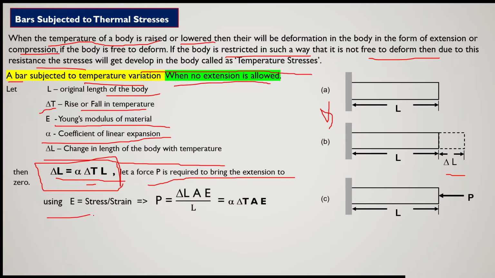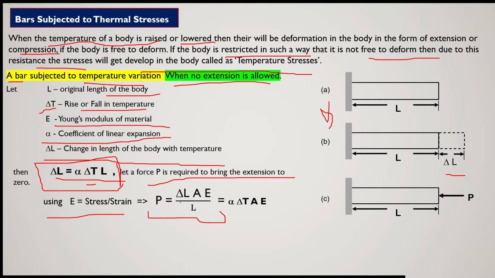According to the modulus of elasticity theory, Young's modulus of elasticity is the ratio of stress to strain, and from that we can find the formula for load. That means how much force P is required to reduce this extension delta L to 0. From the stress and strain formula, we get the value of the load.